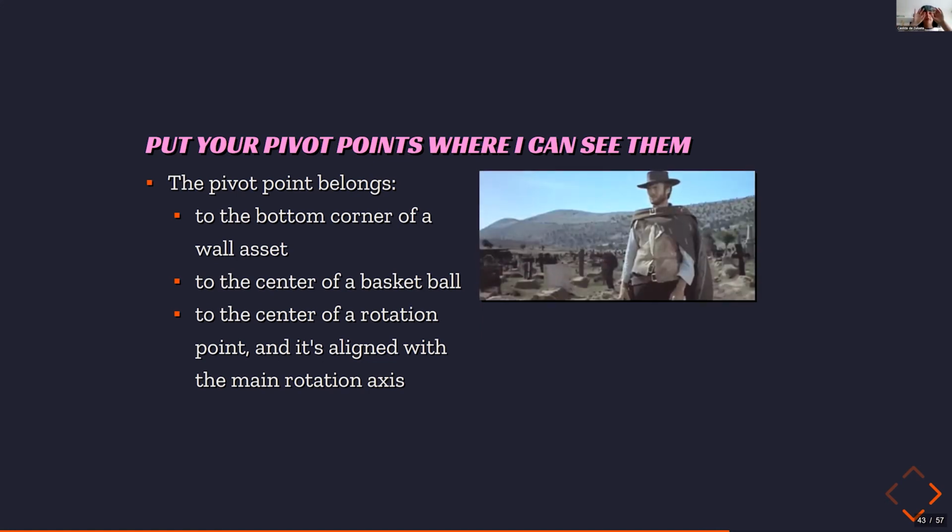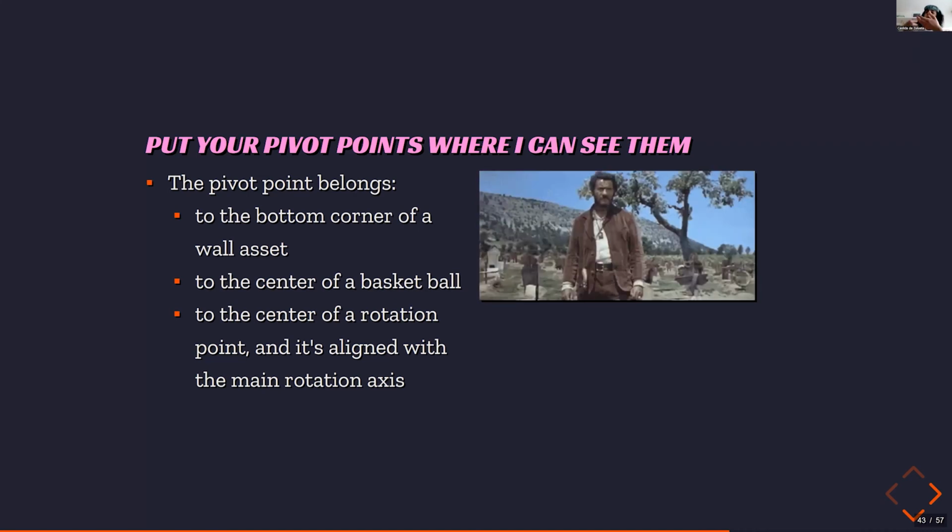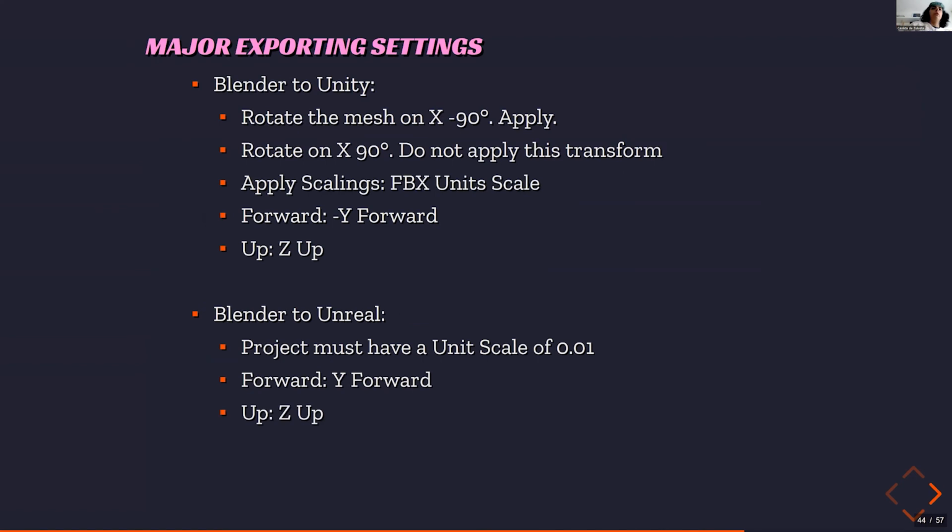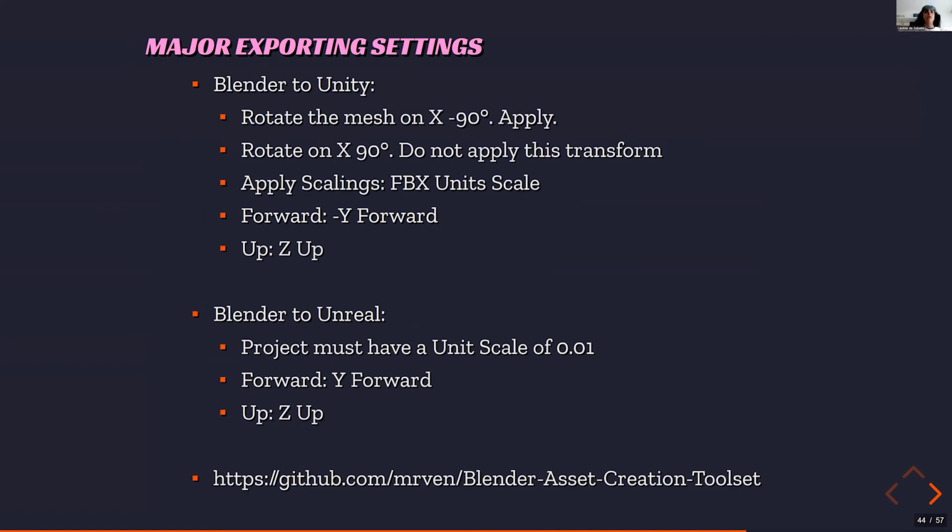The legs of the glasses, when you open them, the pivot point has to be aligned with the main rotation axis. I'm just showing you this. Of course, I will share these slides for you. I will send the link to Daniel so you can take a look.